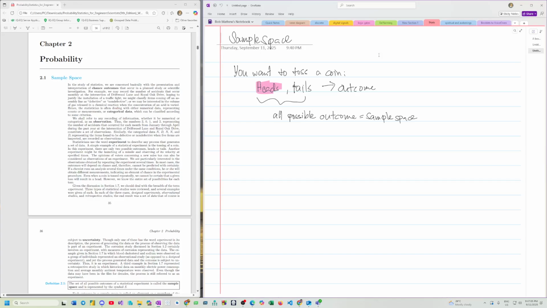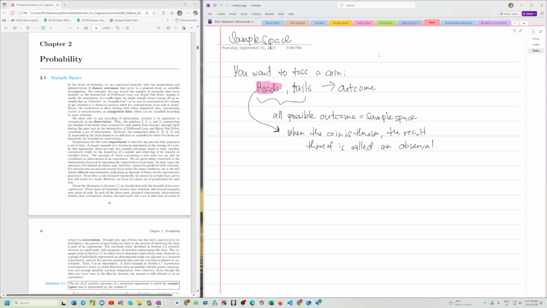Or, if we already throw the coin, when the coin is thrown, the result thereof is called an observation.